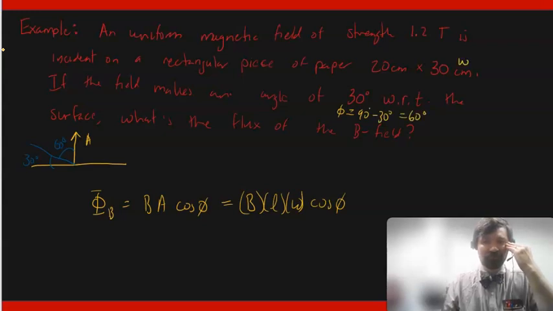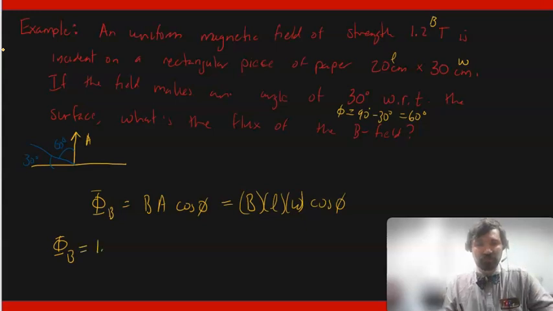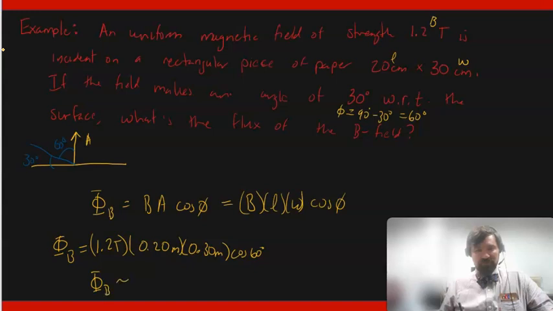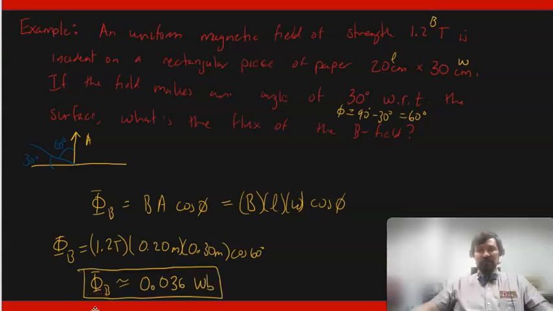This is your width, this is your length, this is your B. So the flux phi B would therefore be equal to 1.2 Tesla times 0.2 meters times 0.3 meters times cosine of 60 degrees. So that is a total flux phi B of about 0.036 Webers.